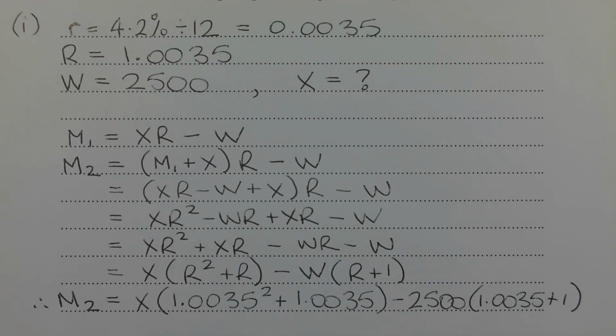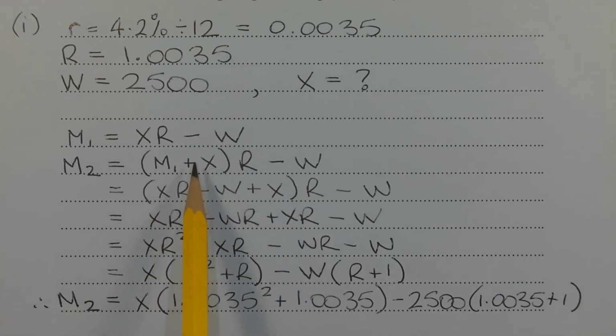Let's consider the amount in the account at the end of the second month. So that's M2. We take what's in the account at the end of the previous month, which is M1. Anita is going to add another X dollars. Let's enclose that in brackets because the bank is then going to add interest, or increase that by 0.35%, and we're going to do that by multiplying by R again.